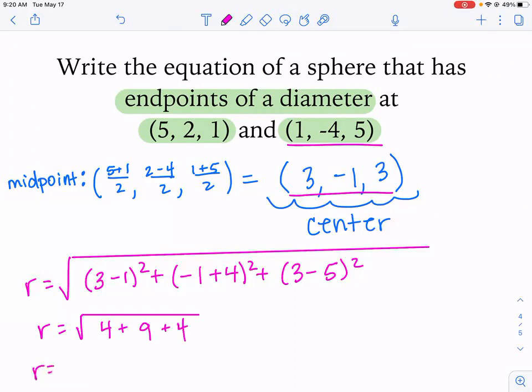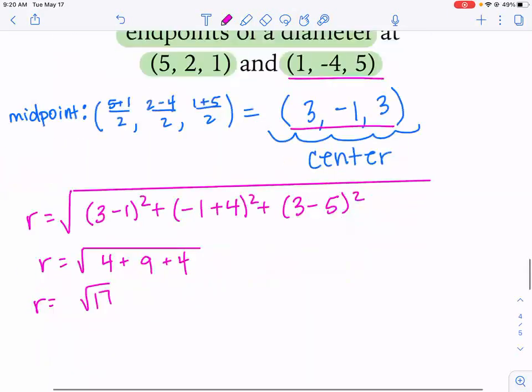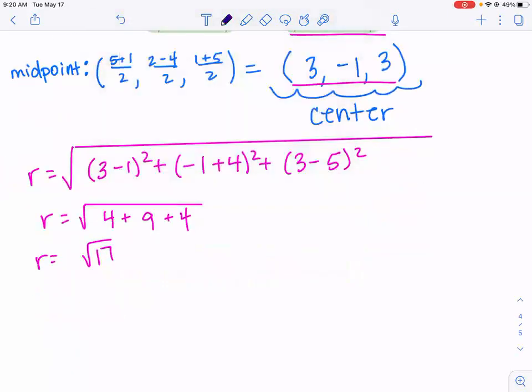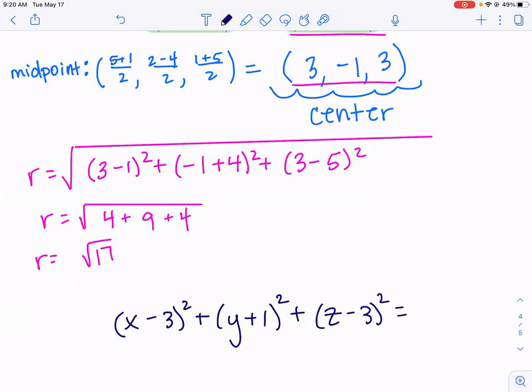Hey, what's our radius, Eric? Okay, so our equation: x minus 3, the quantity squared, y minus -1, the quantity squared, z minus 3, the quantity squared, equals r squared. What's r squared?